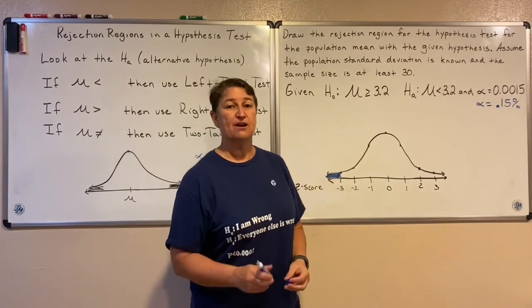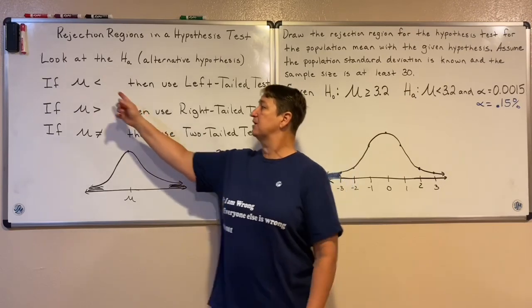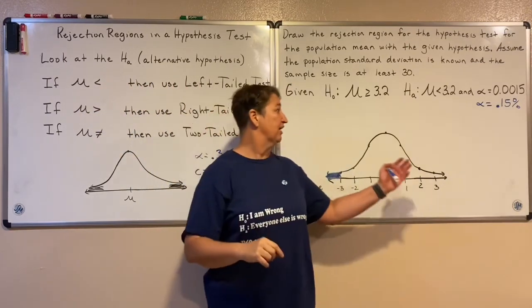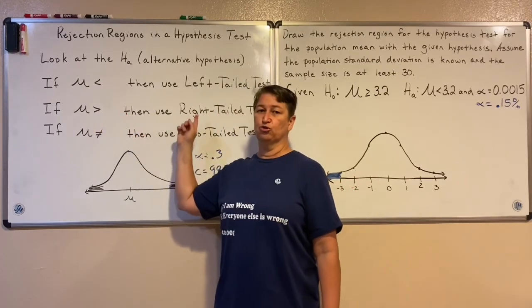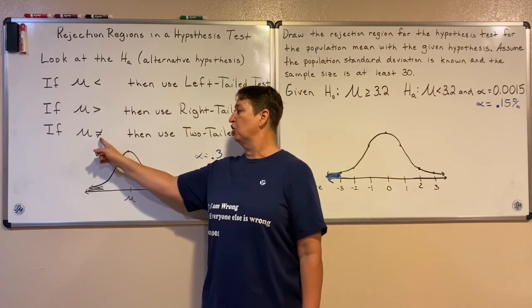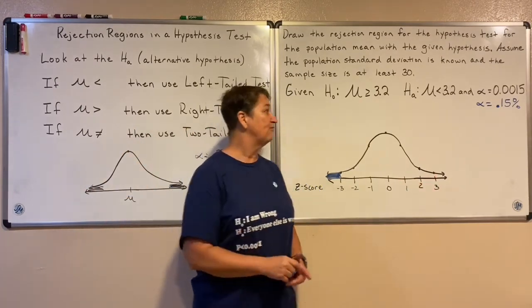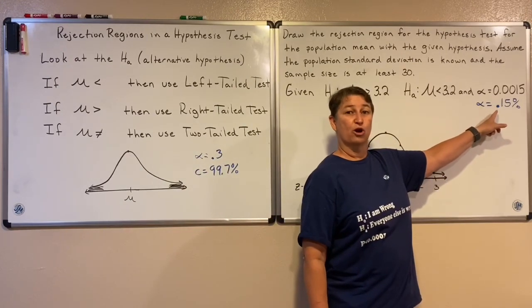So if your alternative hypothesis has a less than, then we're going to do a left-tailed test like we did here. If it's a greater than, then we're going to do a right-tailed test. And if it's not equal to, then you're going to do it on both ends. Then your level of significance tells you how far out you are going.